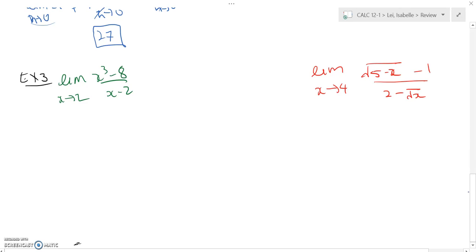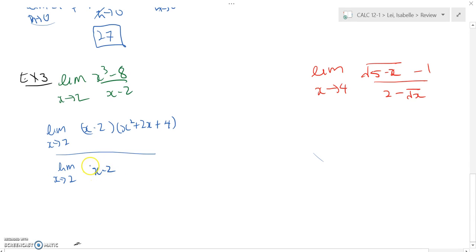And one last example is the limit as x is approaching 2 for x cubed minus 8 over x minus 2. So x cubed minus 8 is a difference of cubes, so we can expand that into the limit as x is approaching 2 of x minus 2 times x squared plus 2x plus 4 over the limit of x approaching 2 of x minus 2.